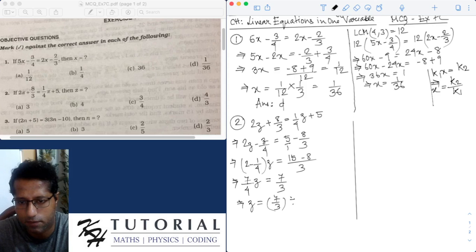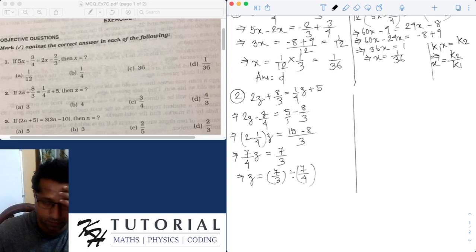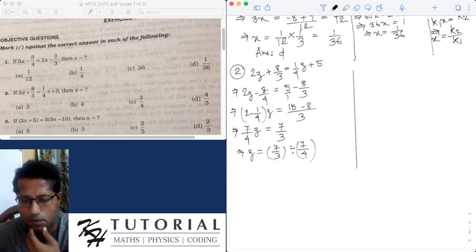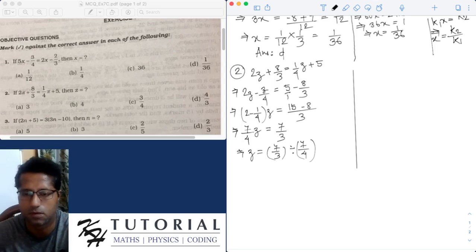It is divided by 7 by 4, and we have already studied in the division of rational numbers or fractions, that when you divide a number by another number, here the numbers are fractions, dividing by a number means multiplying by the reciprocal of that number.